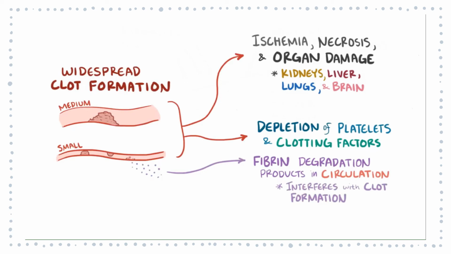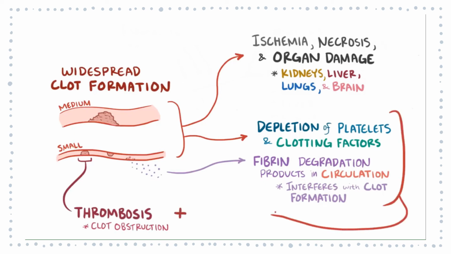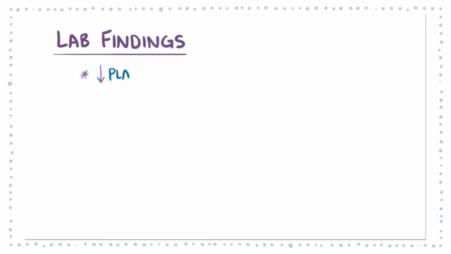And the result is this paradox, right? On one side, you have thrombosis, which is when clots obstruct the vessel, and at the same time, you have trouble forming new clots, which leads to bleeding. Laboratory findings in disseminated intravascular coagulation include decreased platelets and decreased fibrinogen.